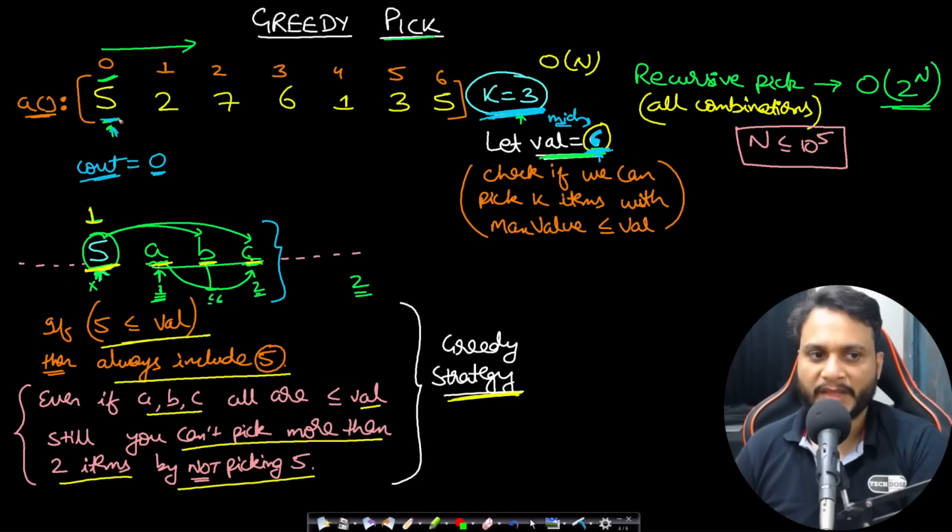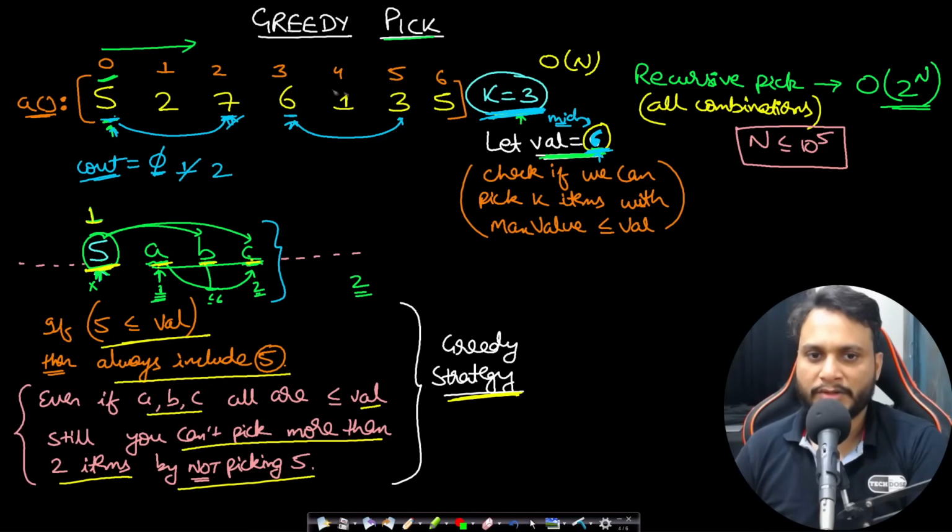Let's see this. If you see a 5, you increment the counter, but then you cannot go to the next item. You have to skip this item and go to index 2. 7 is not less than or equal to 6, so you just go to the adjacent item. 6 is less than or equal to 6, so you select one more item.